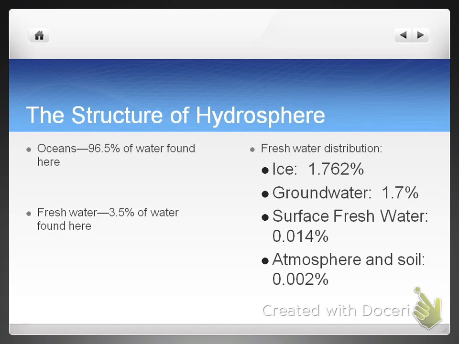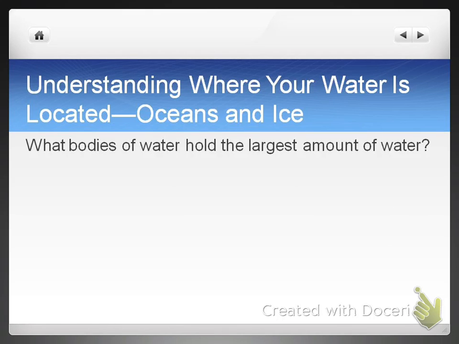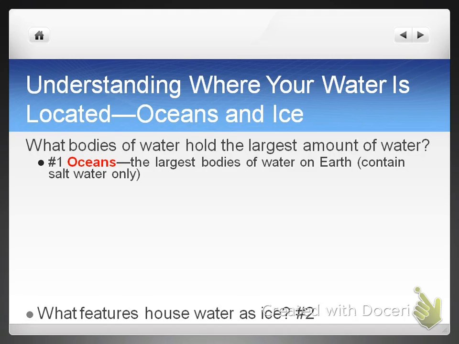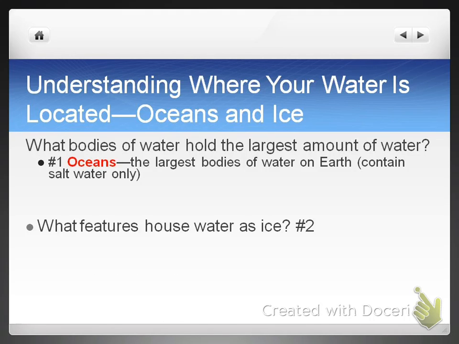So as you can see, ice is where most of the fresh water on the earth is found, and that ice, where would it be located? It would be located in the polar ice caps and at the North and South Pole. Now, oceans contain the most, saltwater only.